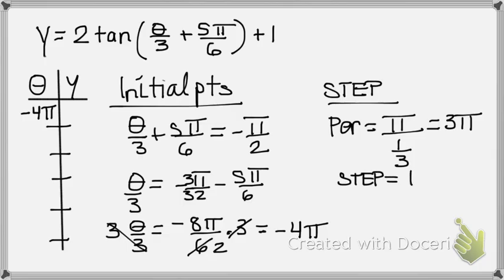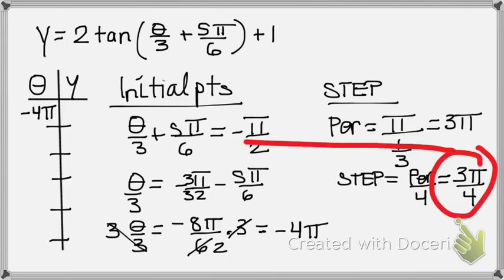And then our step is always going to be the period divided by 4. And that's for everything. We always do period divided by 4 no matter what function we're dealing with. So the step here is 3 pi over 4. Ooh, I wonder how inconvenient that is. But what I need to do is add the 3 pi over 4 to the negative 4 pi, right?